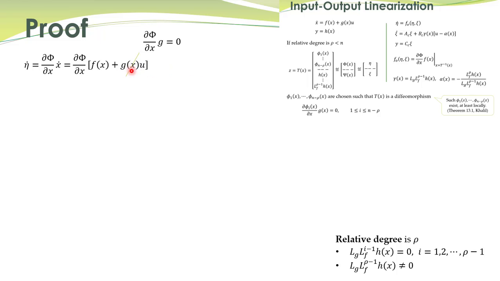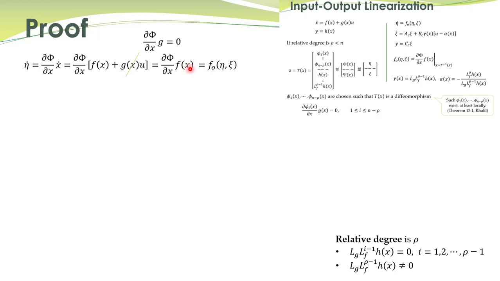Therefore, this part is equal to 0, and we are left with partial phi over partial x multiplied by f of x. So this phi is some function of x, its partial derivative will be some function of x, and this is also a function of x. So their product will be some another function of x, and we call that function f naught.